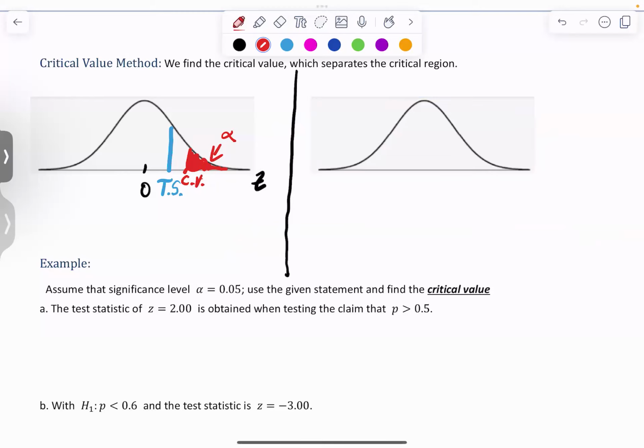So once again, I'm at 0. And in this case, our critical region is going to be the same.